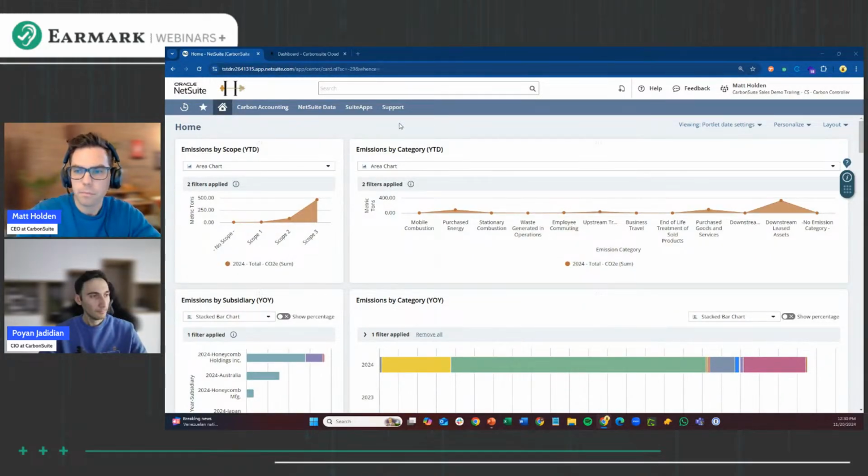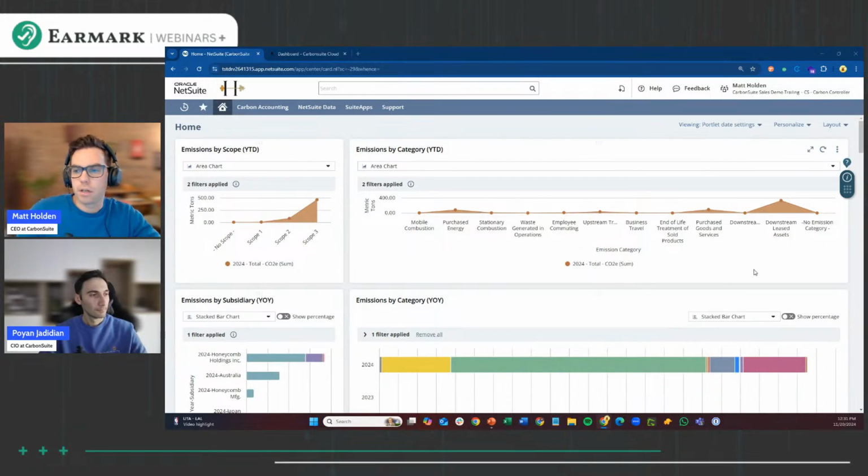Okay. So I've logged into the home dashboard. I'm logged in here as Matt Holden as what we call our carbon controller, right? Corporate controller, financial controller, carbon controller. A lot of the terms in carbon accounting are taken from financial accounting, so you'll see a lot of that overlap. You can see a breakdown of different ways to look at your emissions by different GHG protocol category.